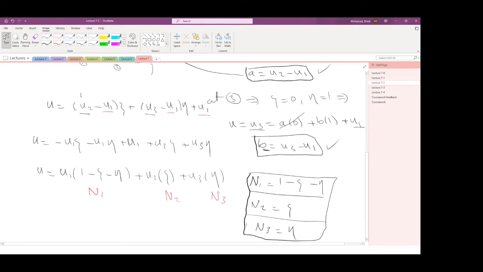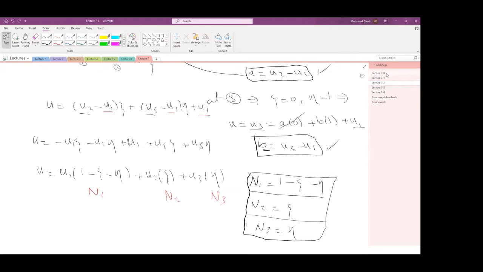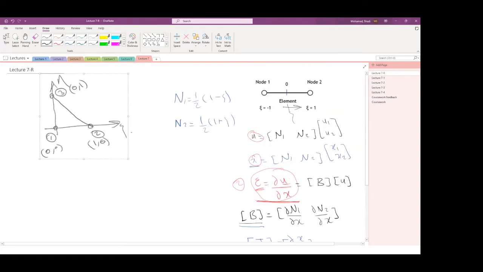I'm just going to show you what we did for the one-noded element. We have the shape functions for the one-dimensional element. We have the shape functions for the two-dimensional elements here. So N1 is 1 minus xi minus eta. N2 is xi. N3 is eta. Okay, so we have the shape functions.